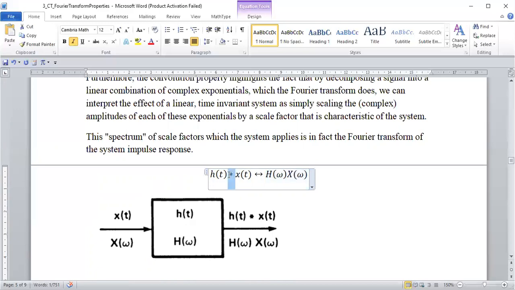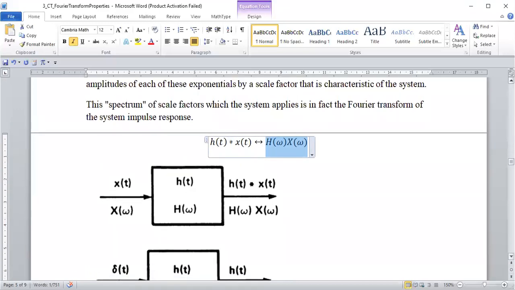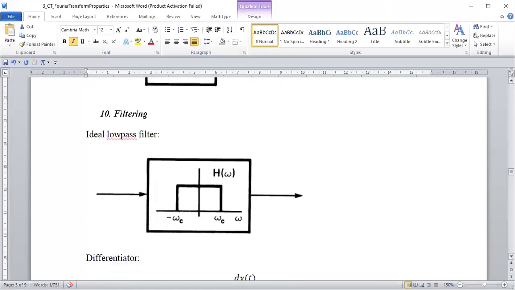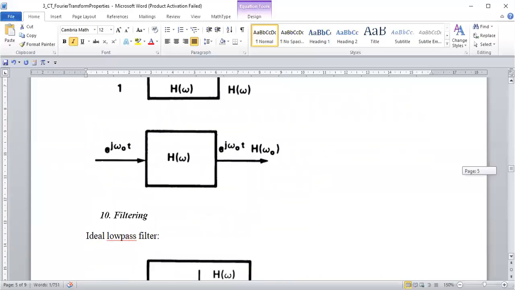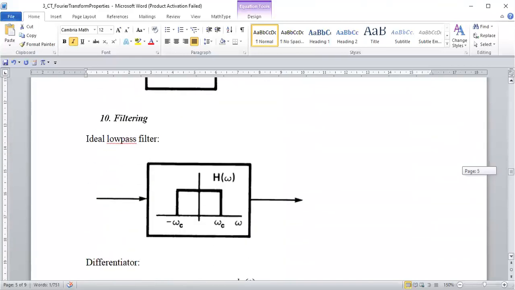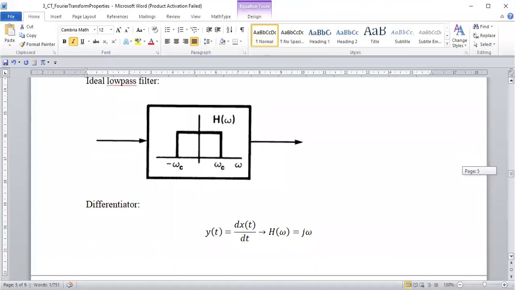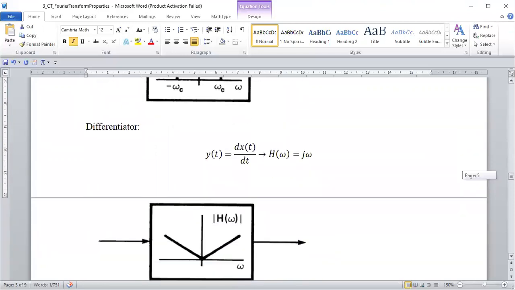So when you convolve in the time domain, you do the Fourier transform of the individual signals, then you multiply in the Fourier domain or in the frequency domain. That's the convolution property.